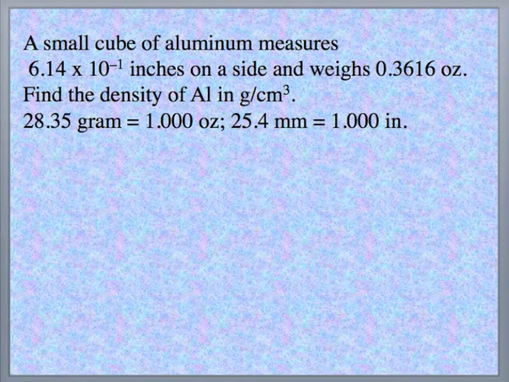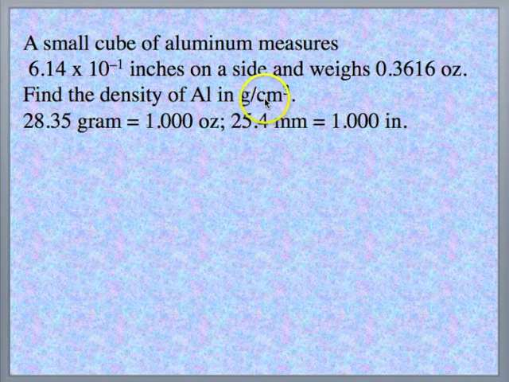So in the ChemRap session, the first line was to identify the units of the answer. And since we're trying to find density, the units of the answer is grams per cubic centimeter. That's very important to identify because it gives us a roadmap on how to solve the problem.